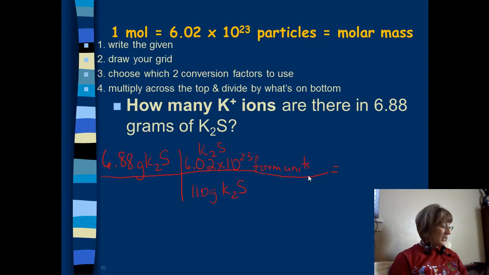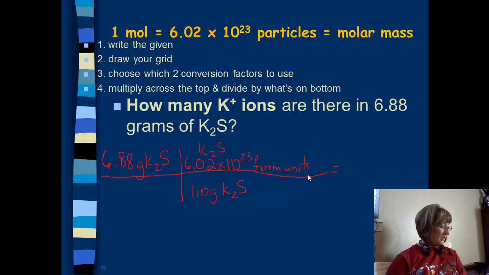Let's pop it into my calculator. So 6.88 times 6.02 divided by 110. And I'm getting 3.7 times 10 to the 24th.